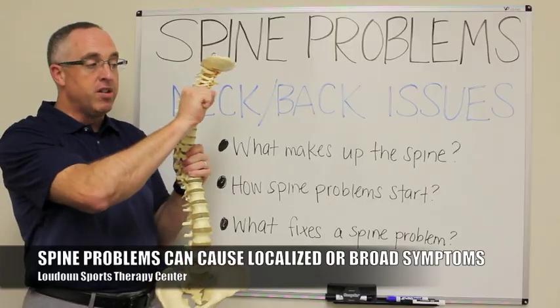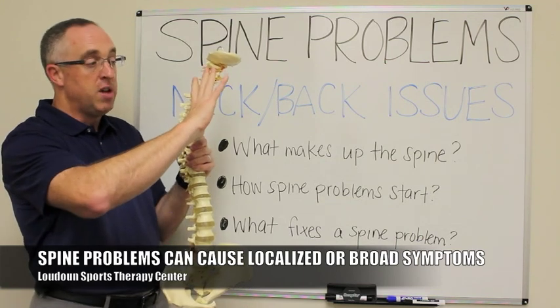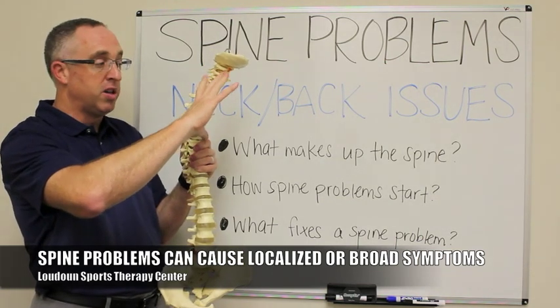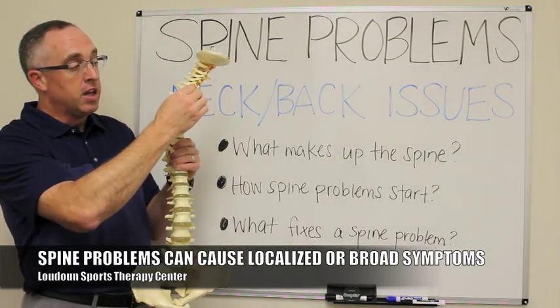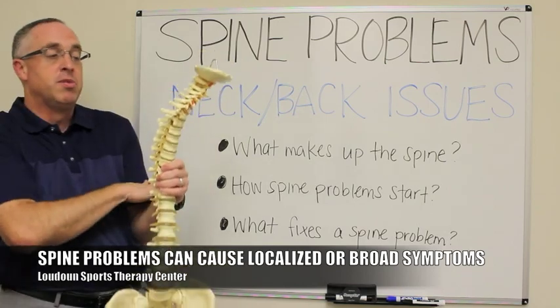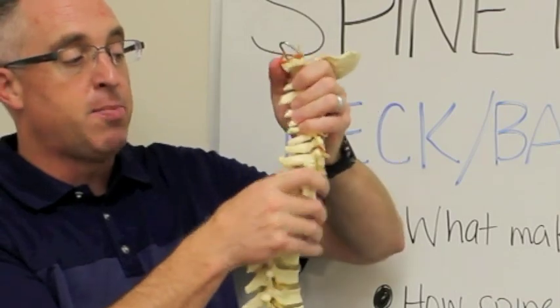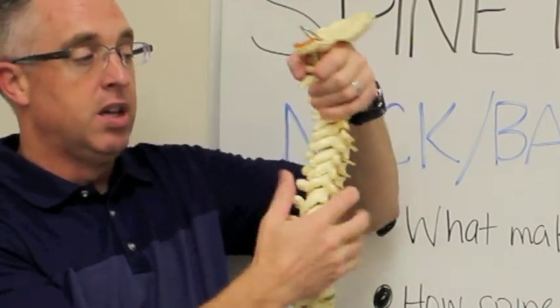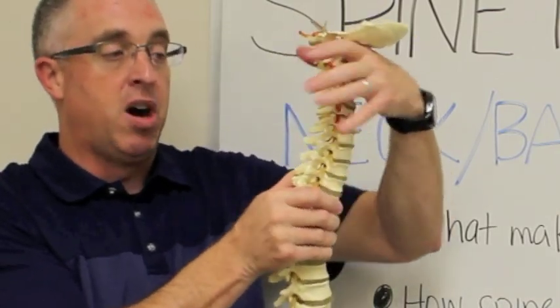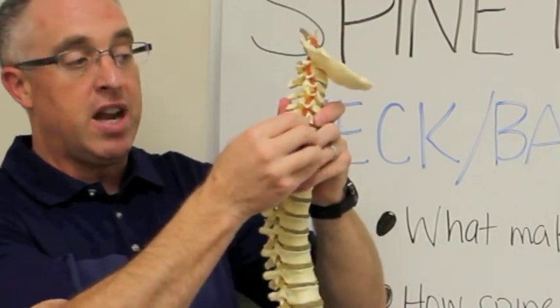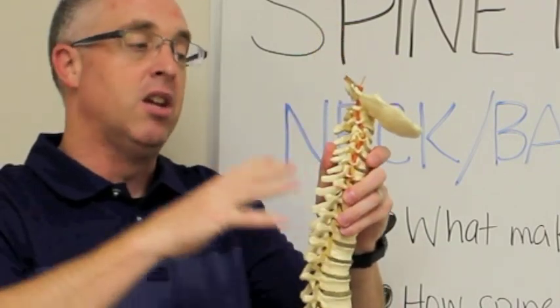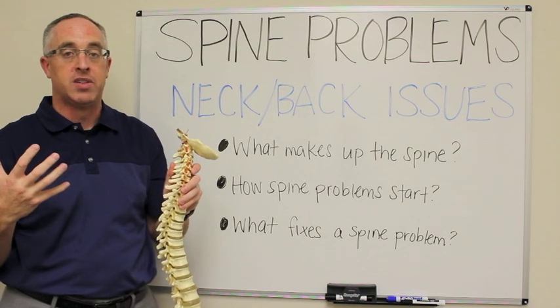You could just be having very localized symptoms, you could be having very broad, very widespread symptoms, you could be at this point getting some pressure onto that nerve and some symptoms down your arm. The manual physical therapist is going to be able to make sure that we bring that spine back into alignment, get the curve back into that spine, get the pressure off of that nerve so that everything gets a chance to heal, and make sure that that problem is taken care of.